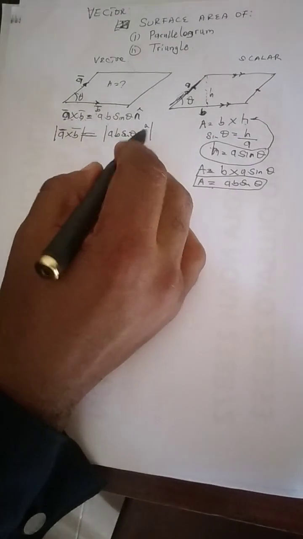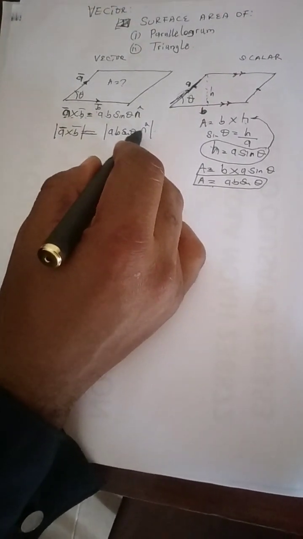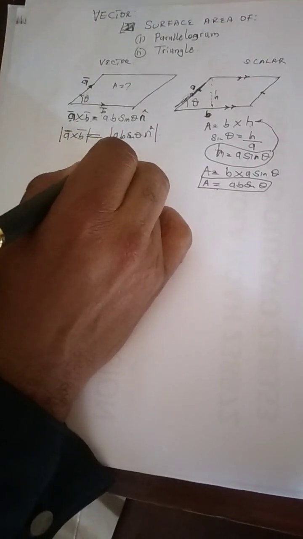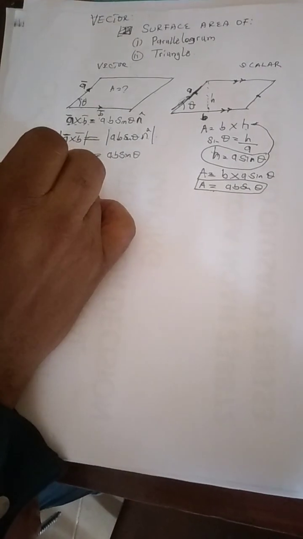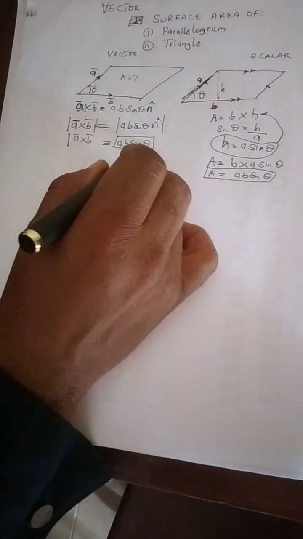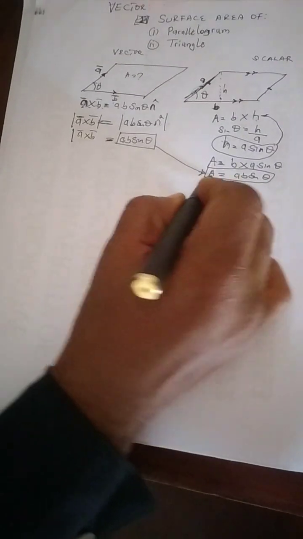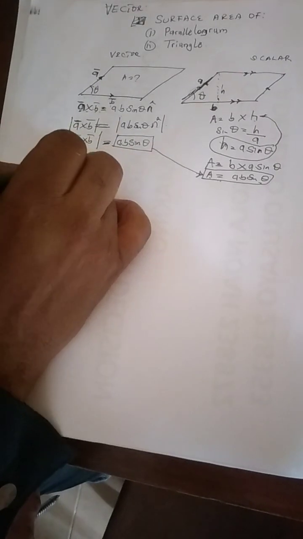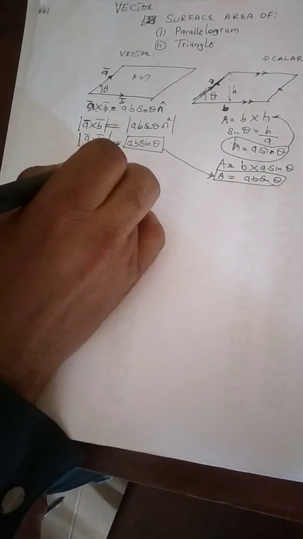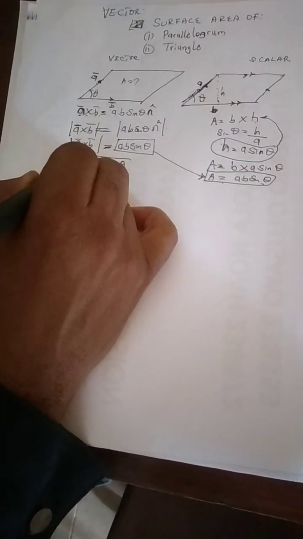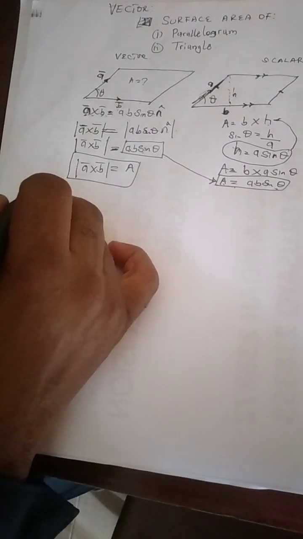Since I'm taking magnitude, I'm not interested in the direction. So this becomes ab sine theta. That is, the magnitude of a cross b is equal to ab sine theta. And you know that this ab sine theta is what I have here as the area of a parallelogram. So instead of writing a cross b as ab sine theta, I'll just say the area of the same parallelogram. So I've already proved that.